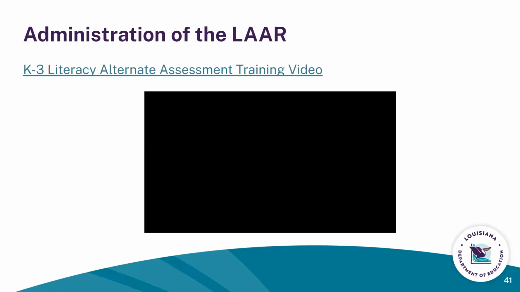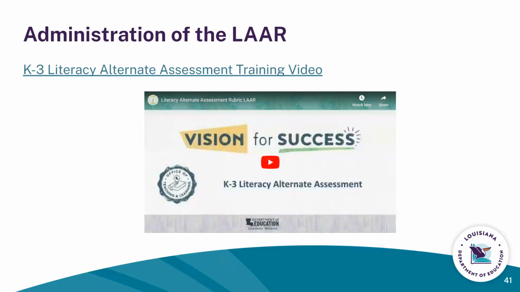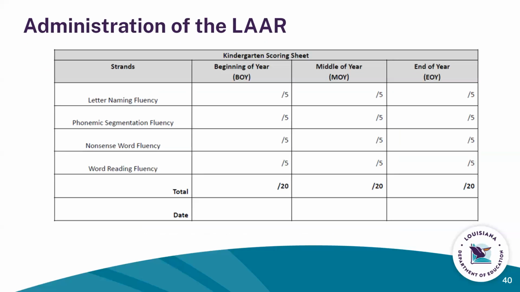Okay, so once the LAR subtests have all been administered, the test administrator will then determine the student's scores for each subtest. So we do have the rubric with 20 possible points, and each subtest had a possible 5 points for that student. So keep in mind that the scores you can see here on the slide are not being reported on DIBELS.